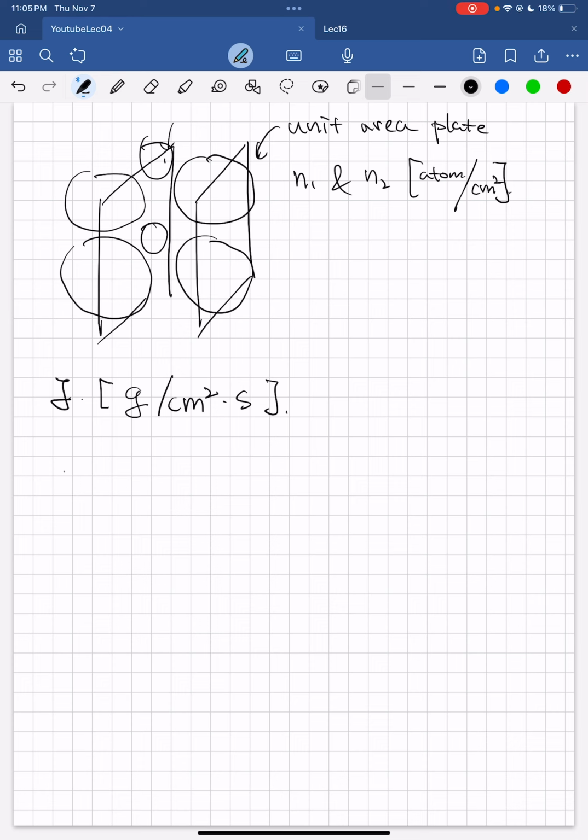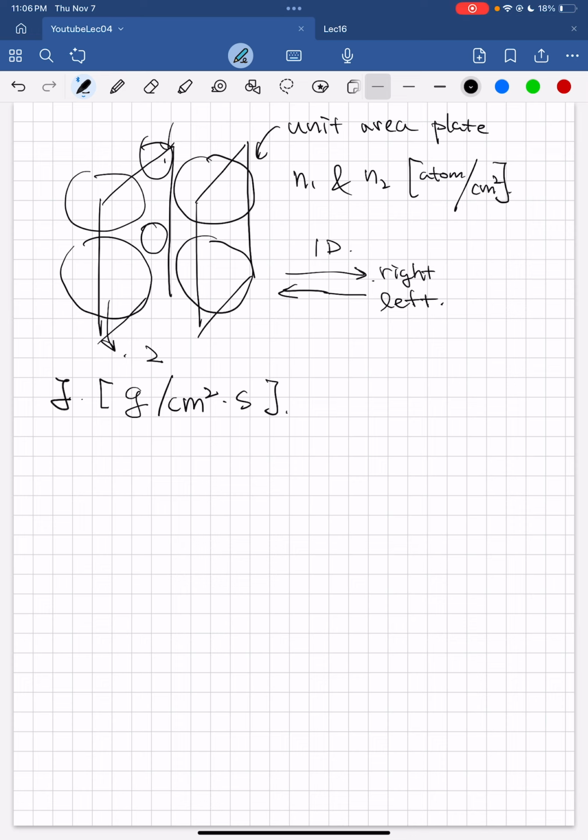Then, when you think about atoms here, it has two possibilities because this is a one-dimensional system. It only moves in this direction or this direction, one dimension. So it has two possibilities. One is moving right, one is moving left, and it has equal possibility, equal probability, right?